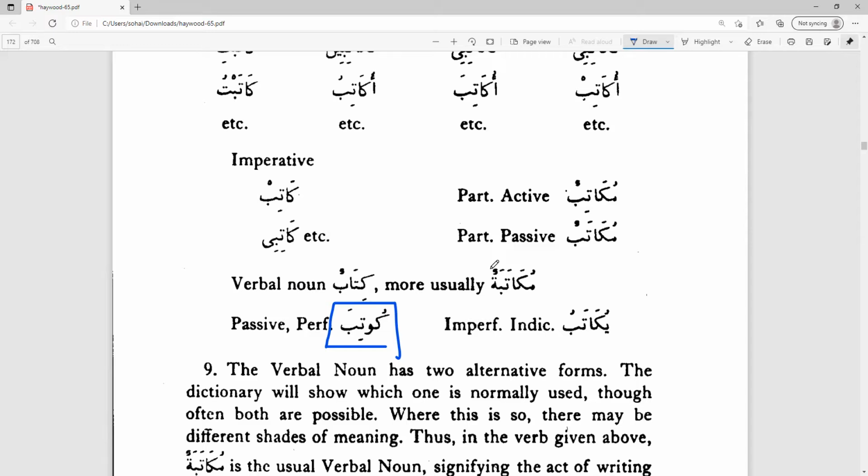Huwa kutiba, huma kutiba, hum kutibu. Hiya kutibat, huma kutibata, hunna kutibna.